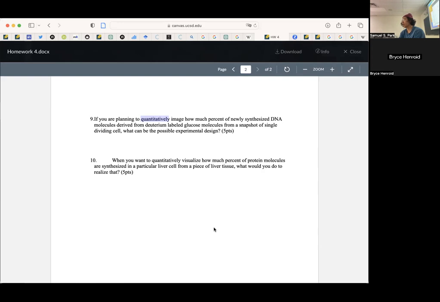So let's say that in one sample we have a concentration of 1 picogram per microliter of deuterium labeled glucose in solution. And then in the next one I would jump a magnitude.